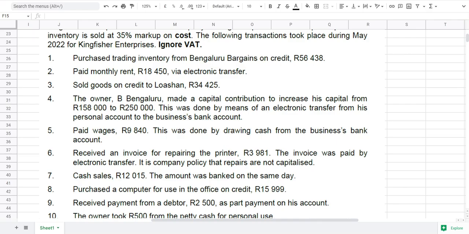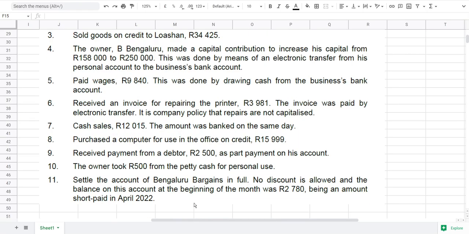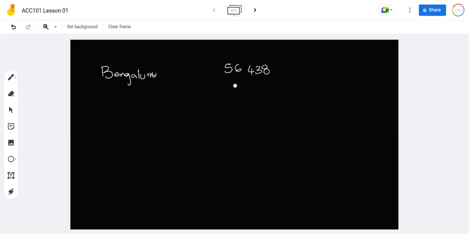The statement also says that at the beginning of the month, there was a balance of 2,780. This is at the beginning of the month, and this is during the month.